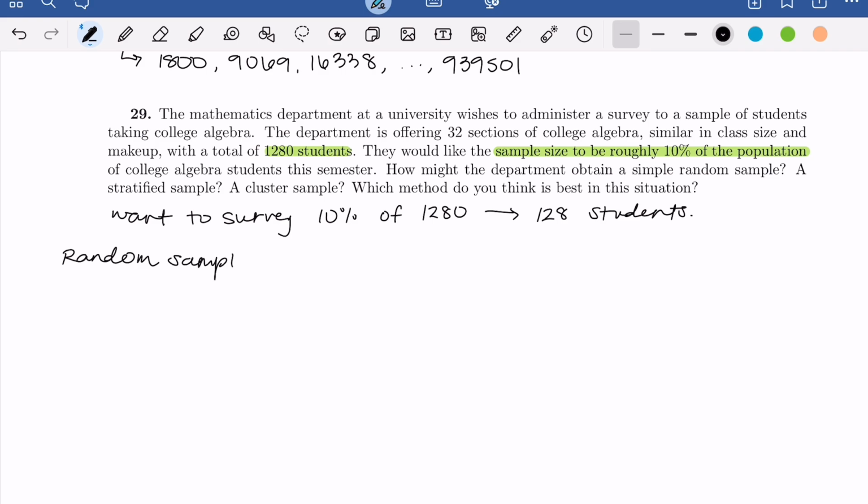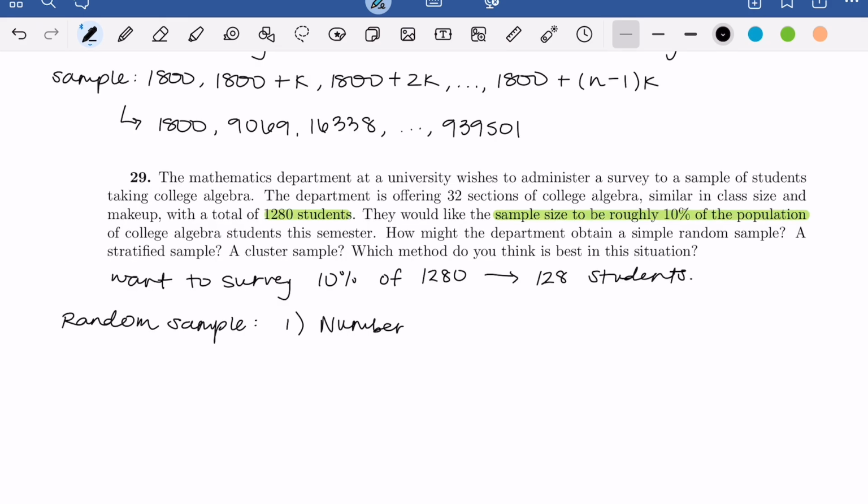So the first one is going to be a random sample. We've seen this in section 1.3. The first thing we're going to want to do is number the students from 1 to 1,280. So it's our total population there. That's our first step. Now our second step is to use our random numbers table that we saw in section 1.3.